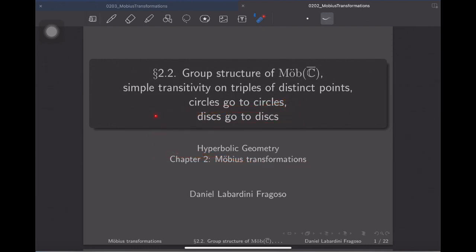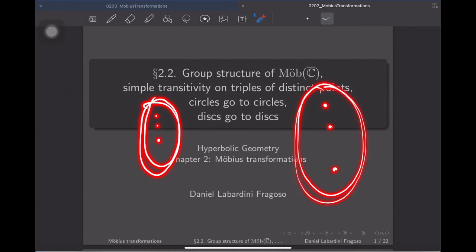Of course, the first ordered triple is required to consist of three distinct points, and so is the second triple. But of course, there could be some overlap between this triple and this triple. That is allowed.